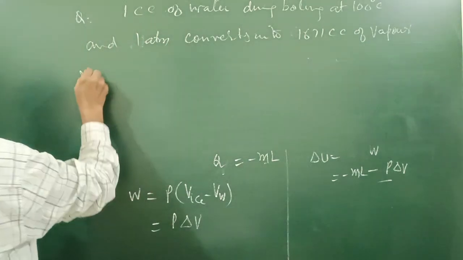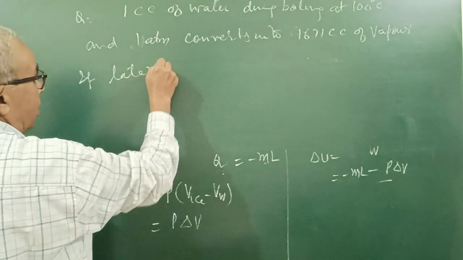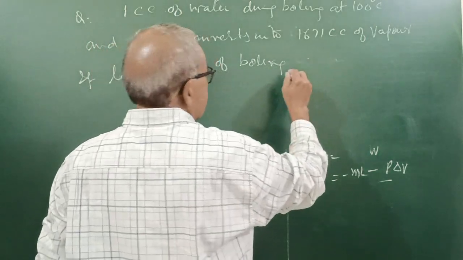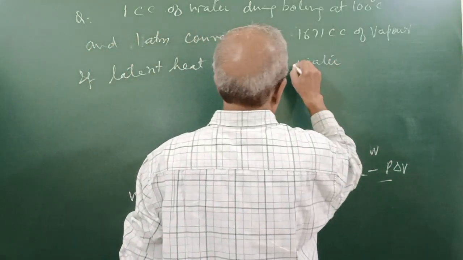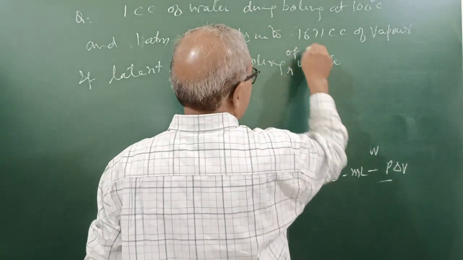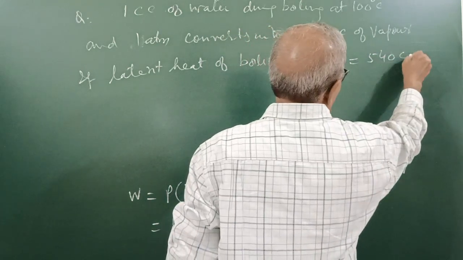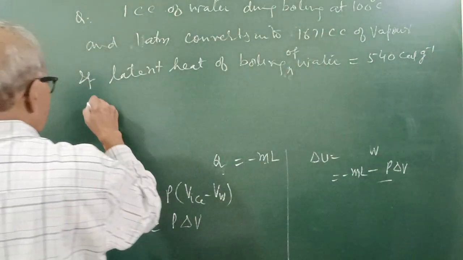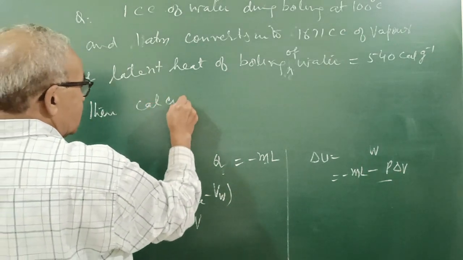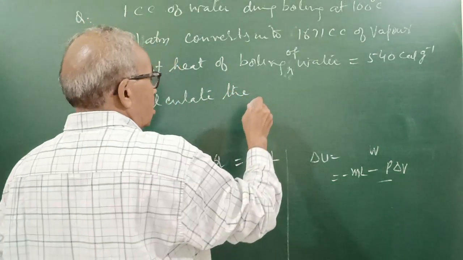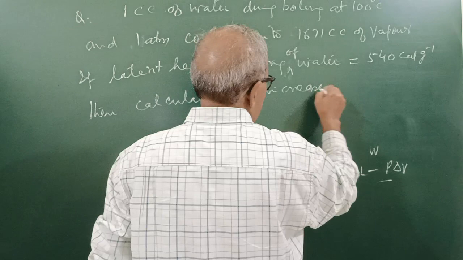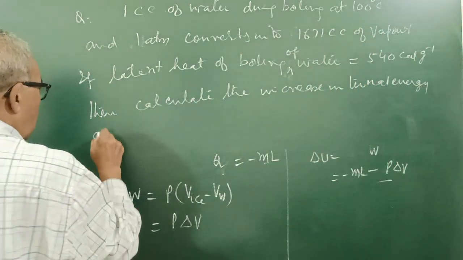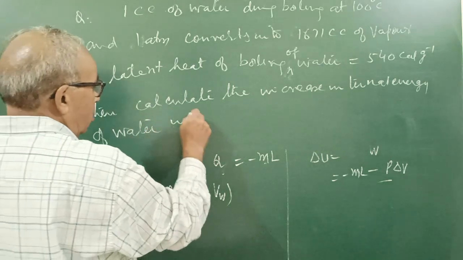If latent heat of boiling of water is equal to 540 calorie per gram, then calculate the increase in internal energy of water in boiling process.